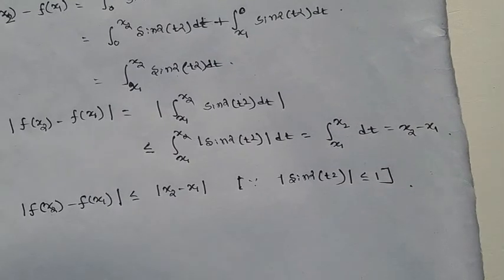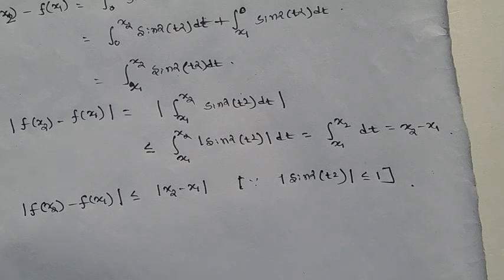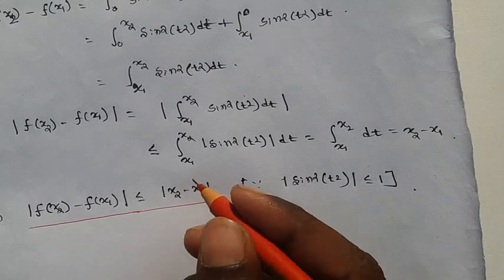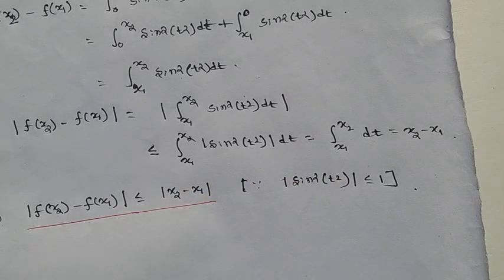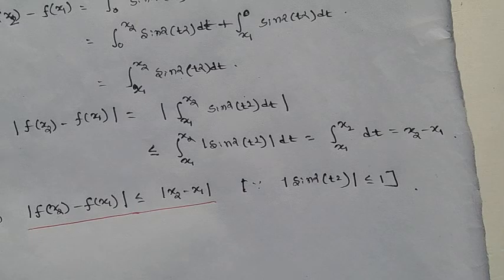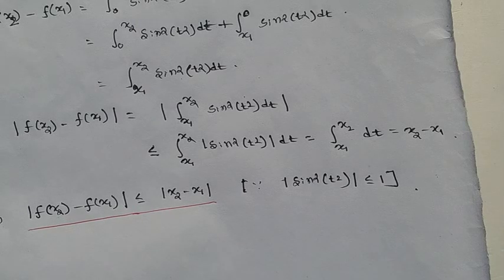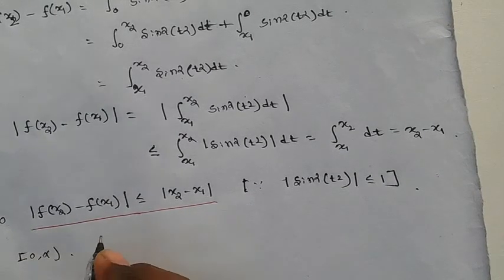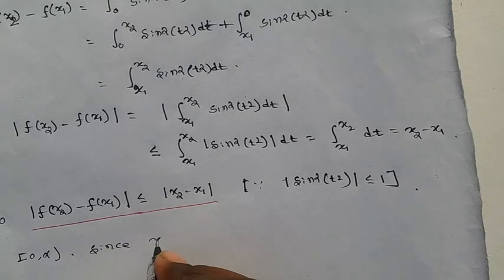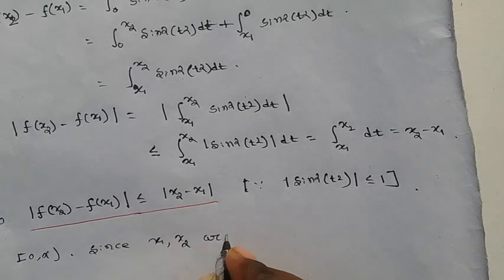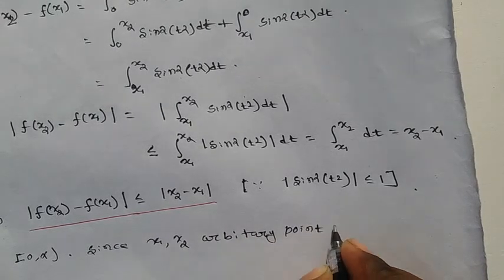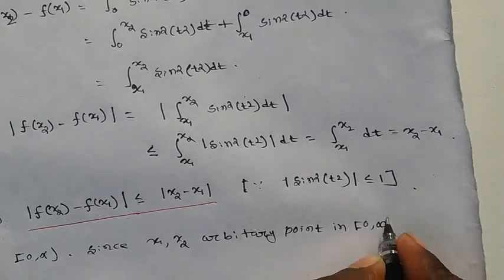So from here you see that this is actually a Lipschitz condition function. Therefore every Lipschitz condition function is uniformly continuous, and for this reason the function is uniformly continuous on the closed interval 0 to infinity, since x1 and x2 are arbitrary points in the closed interval 0 to infinity.